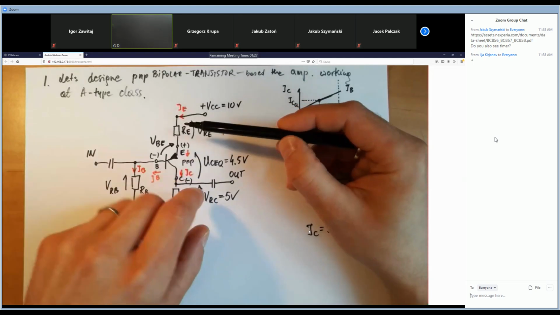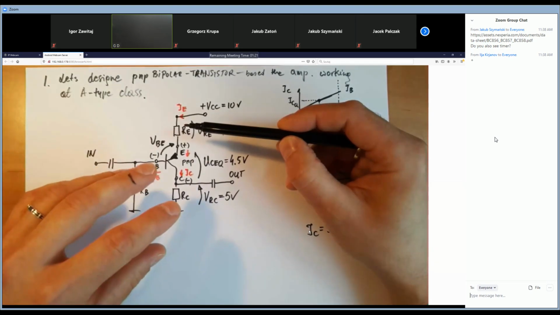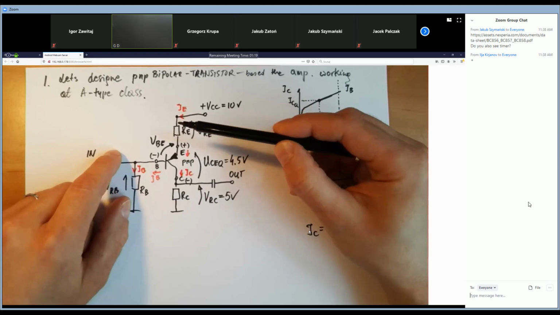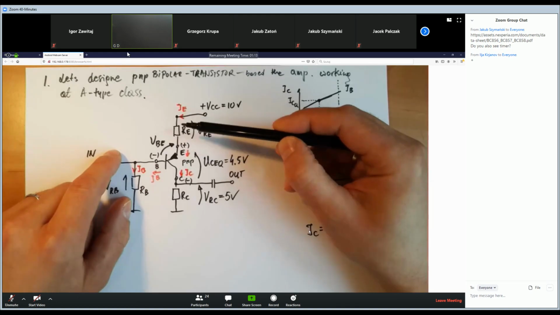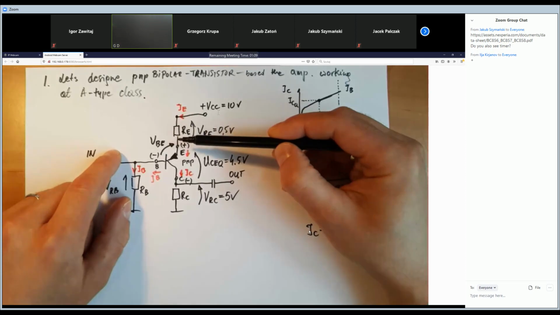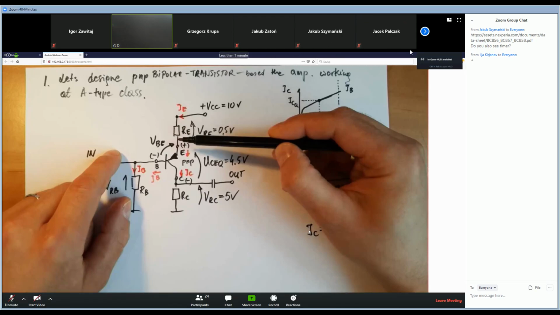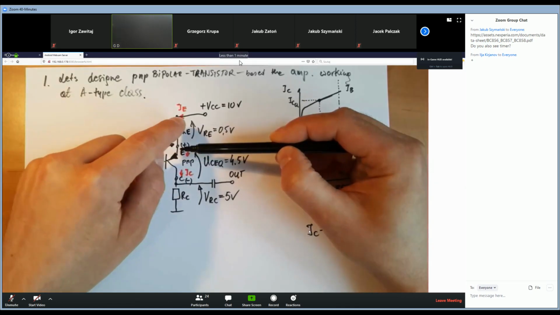This changes: if the resistance changes and the current wants to pass through a little bit lower, as a consequence the emitter current is going up too.